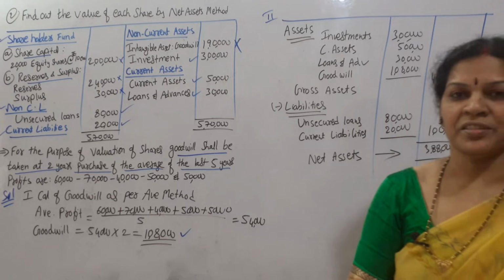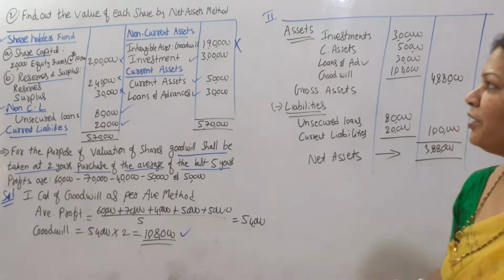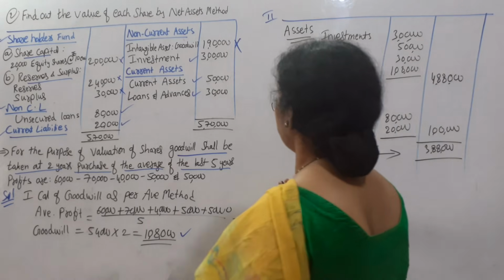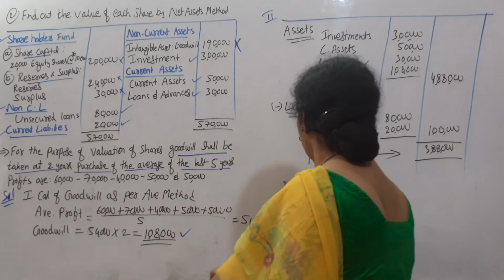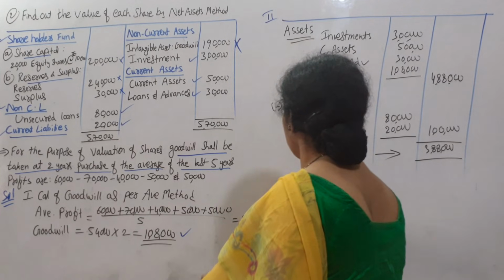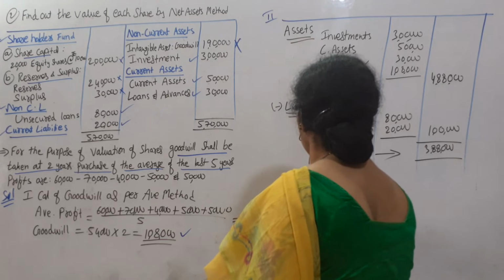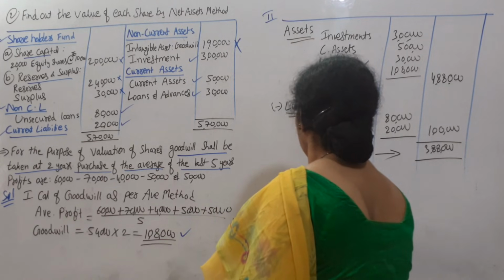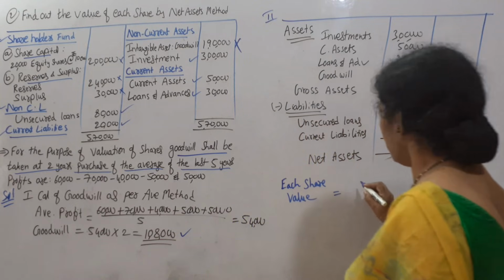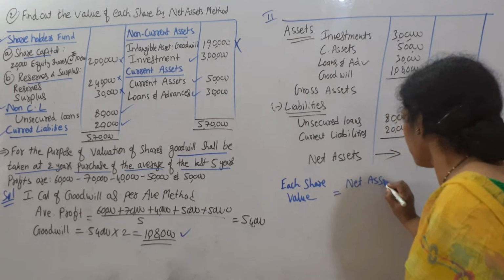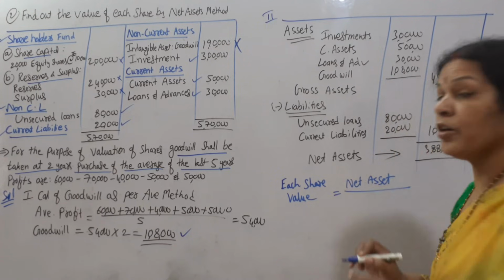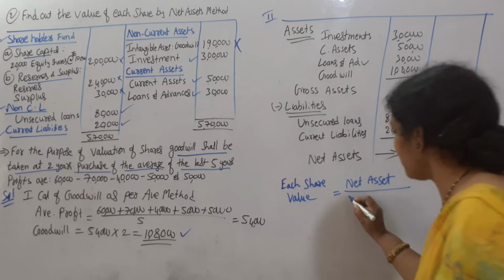We got net assets. Why wait? Let's calculate the per share value. So each share value is equal to net assets by total number of equity shares.